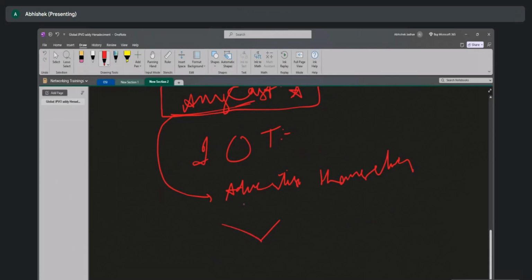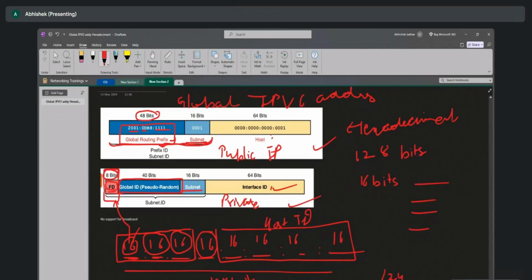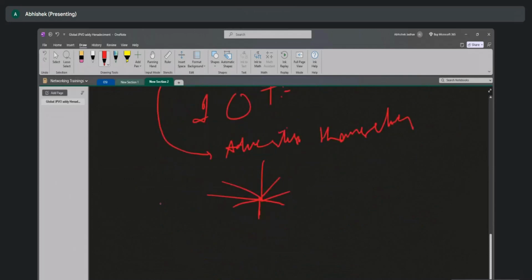So they keep on, not broadcasting, but anycasting. They keep on informing that, hey, I'm here, my IP address is this, I'm hosted at this particular IP address, my interface ID is this, my subnet is this, my global ID is this, something like that, right? And if you are within that network and your device is enabled to accept these communications, automatically you will get a prompt to pause or play this channel.